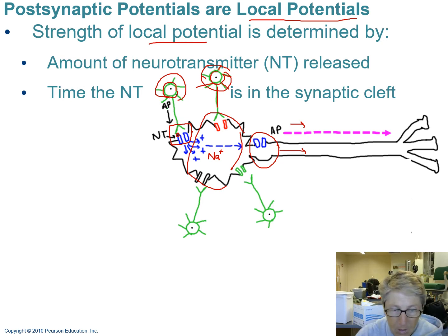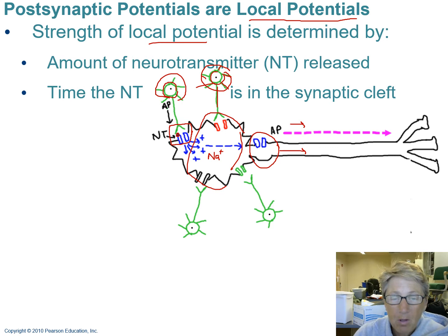And think about it, you could have many presynaptic neurons synapsing on this postsynaptic neuron, releasing a lot of neurotransmitter. So you could have a huge amount of neurotransmitter released.